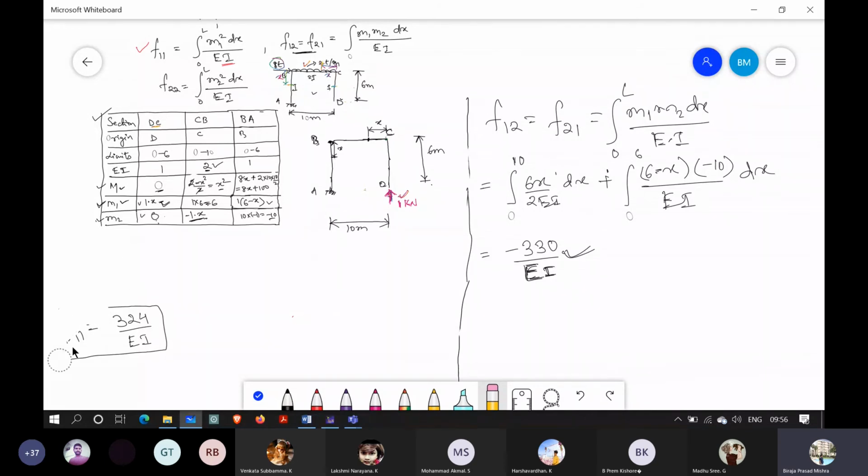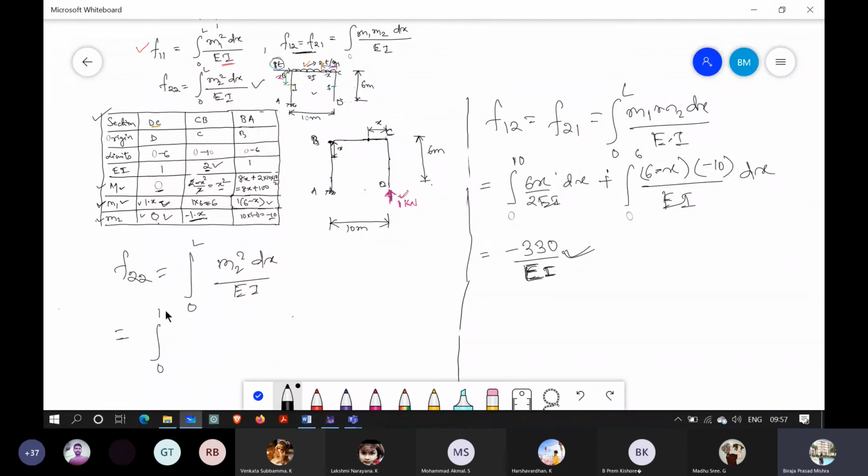So the last one, that is f22. f22 equals to integration 0 to L m2 square dx by EI, I have written it already here. So m2 square is, this is 0, this is x minus x into minus x, so it is plus x.